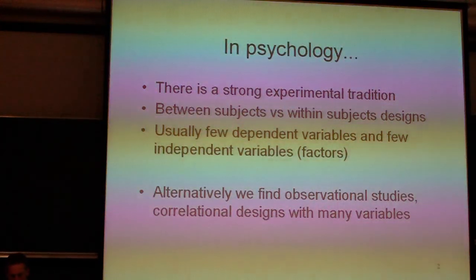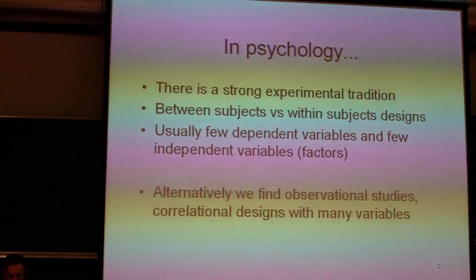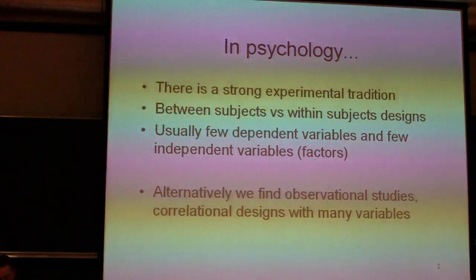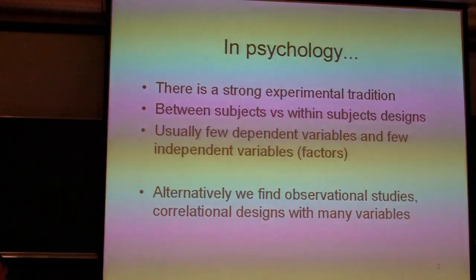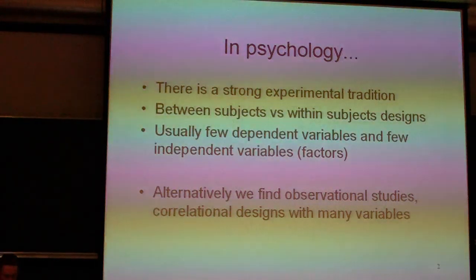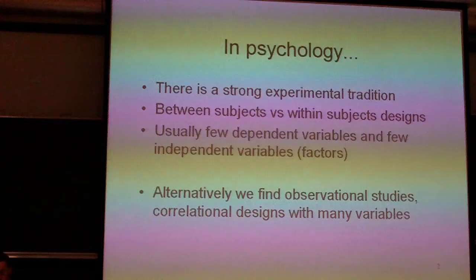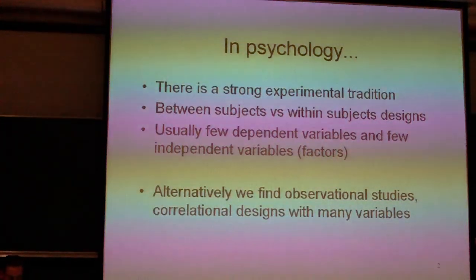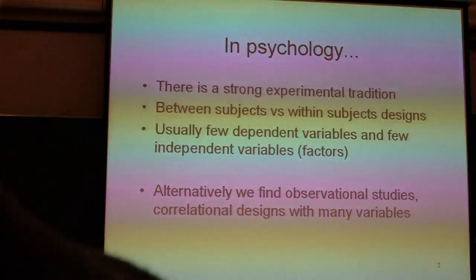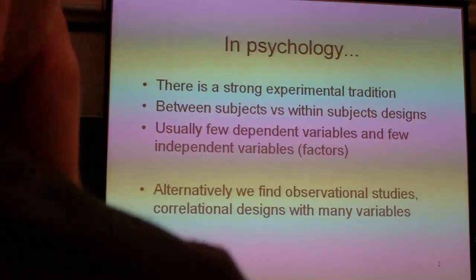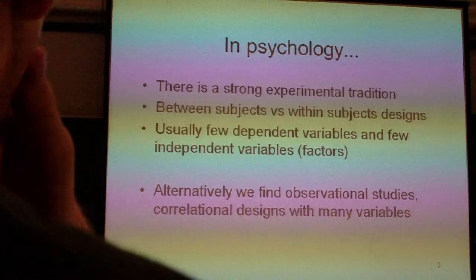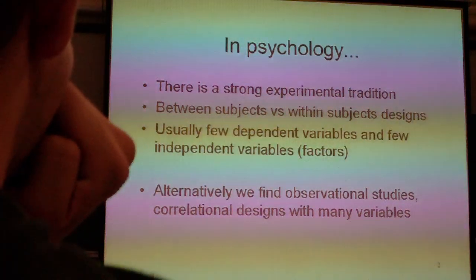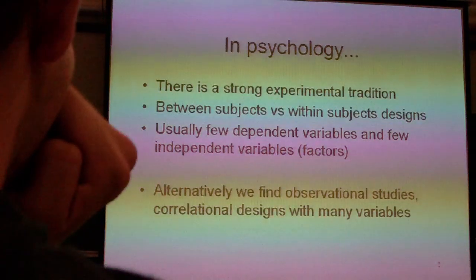Psychologists like doing laboratory experiments, which may be dealing with between subject designs, where we have different people in different groups, or within subject designs, where we observe the same group of people under different conditions. And of course, in experiments, we usually focus on just a few dependent variables and also relatively few independent variables, which everything can be strongly controlled.